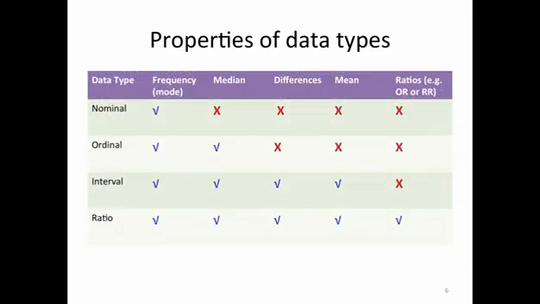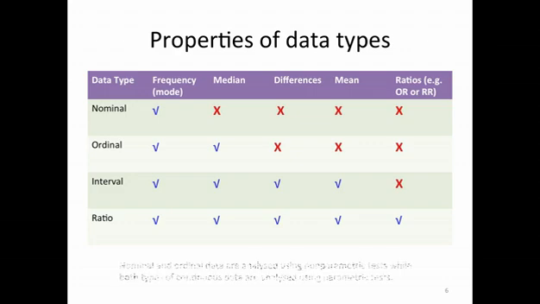This table is helpful to understand the properties of the different data types. With nominal data, we can count the frequency and measure the mode. That's all we can do. With ordinal data, we can measure the mode, we can measure the median as well, because we are able to put things in some sort of rank order.